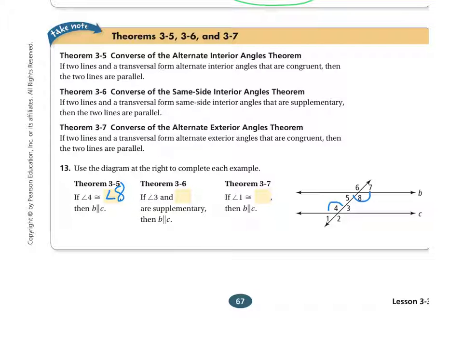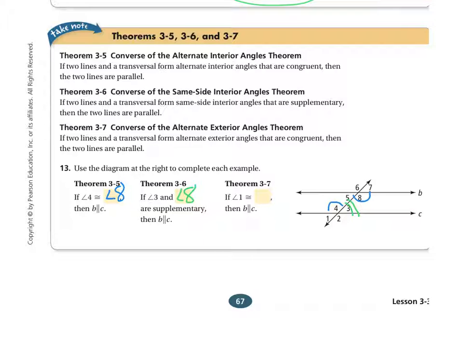Theorem 3.6, we want to use same side interior. I'll use a different color. Angle 3, I'll put two arcs on that. What angle is supplementary to angle 3 so that the lines are parallel? That would be angle 8 again.